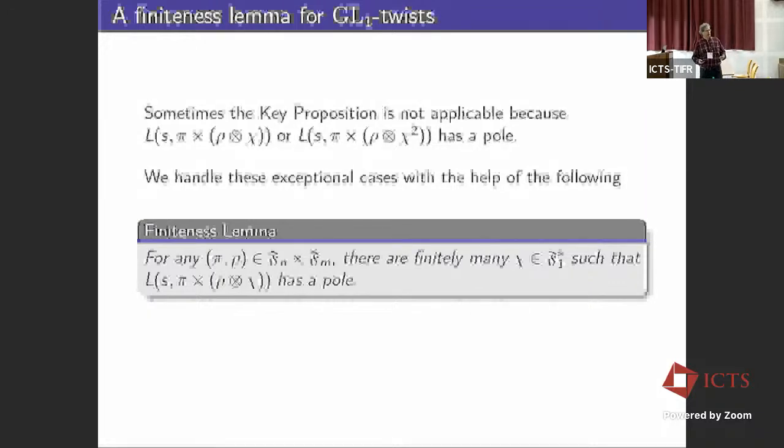namely that up to determinant twists, there are only finitely many characters that produce a pole for the twisted L-function.